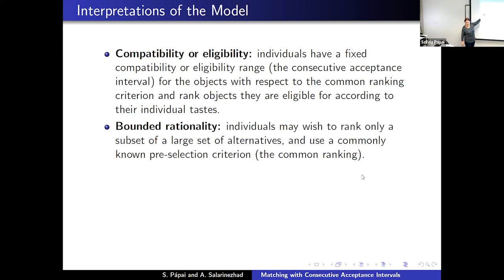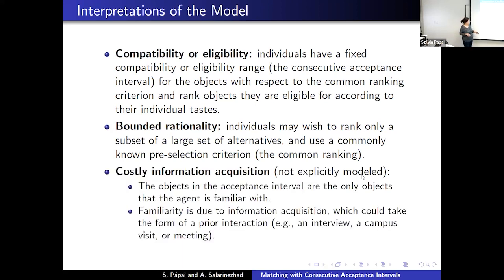You can see that these can also be connected. Maybe you are only compatible with a certain range, so why bother ranking other alternatives? Or it could be based on costly information acquisition, which is again related to the bounded rationality motivation.